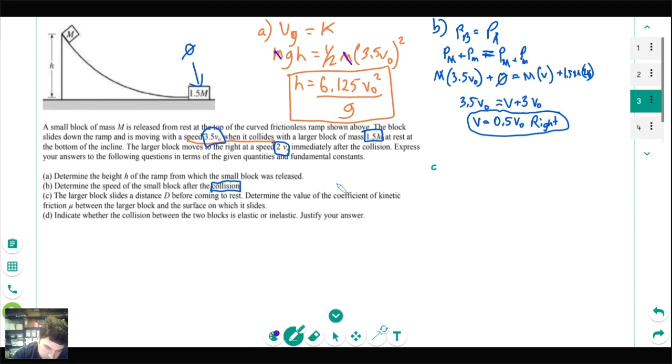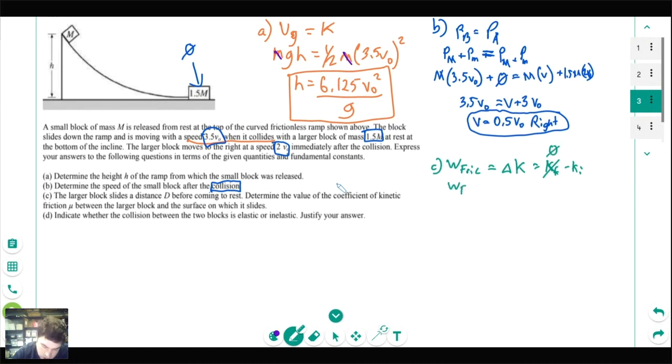Okay, so for part C, I'm going to say the work done by friction took away all the kinetic energy from that big block. That 1.5 m block lost all of its kinetic energy because of friction. Friction took it away. So remember, delta KE would be the final kinetic energy minus the initial kinetic energy. So it's going to come to a stop, so that makes this part 0, which is really easy here.